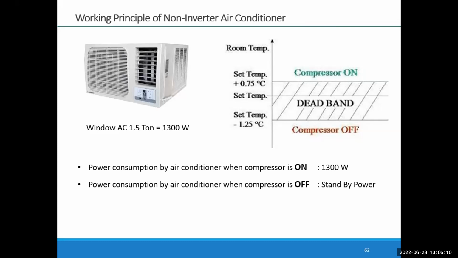At most it can consume around 1300 watts. When it is off, only the indoor unit fan will be rotating, whereas the compressor motor will be switched off. So it will consume only a very fractional kilowatt during that time.